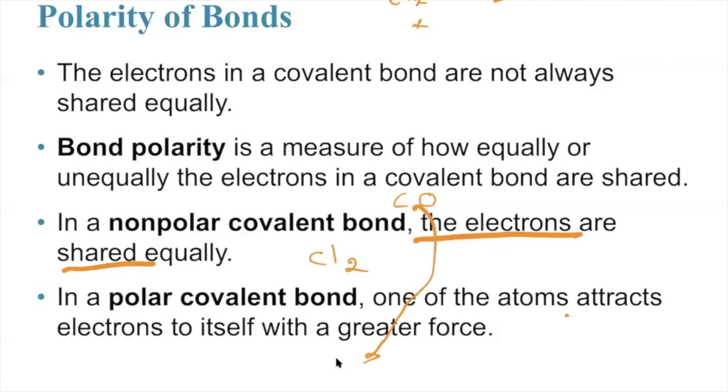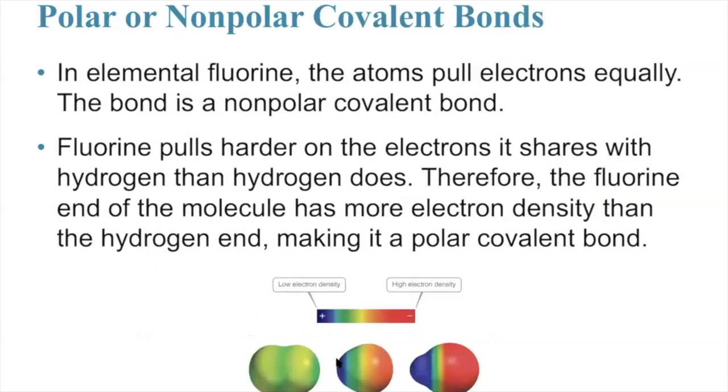Now, in order for us to determine whether a bond is polar or nonpolar, we are going to look at electronegativity, which is the ability of an atom to pull an electron towards itself. Notice here we see the energy on F2. So here's one F and here's one F. They're equally pulling those electrons, so we're saying that the dipole moment cancels. Dipole moment basically measures the difference of electronegativity.